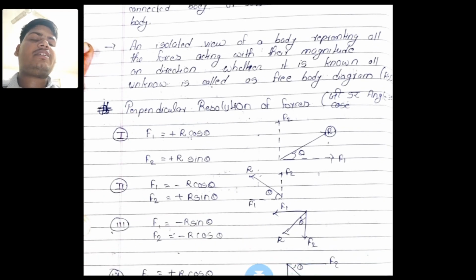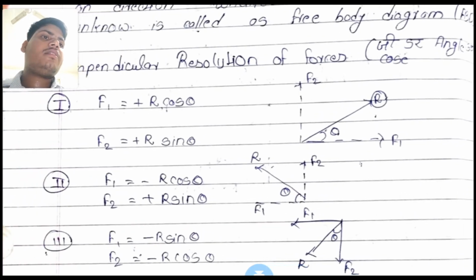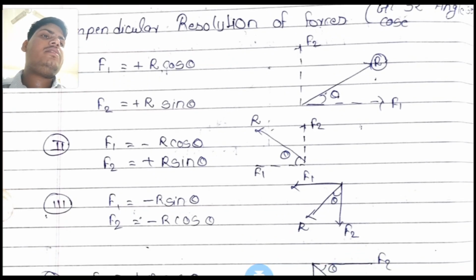Some conditions are there. Perpendicular resolution of force. If F1 and F2 are given and R is the resultant and the angle is given, then F1 is equal to plus R cos theta and F2 equal to plus R sin theta.